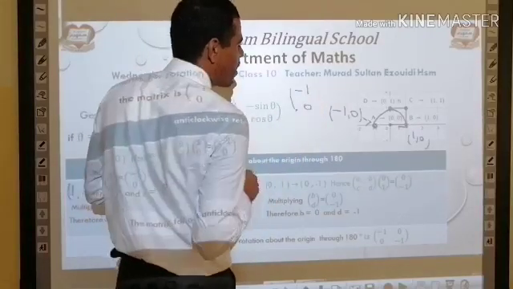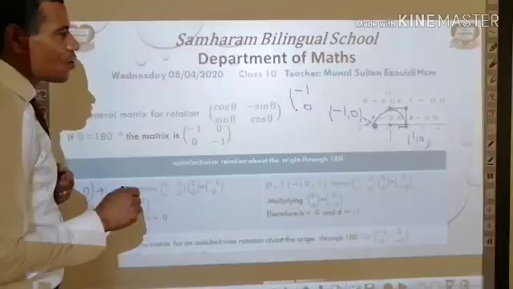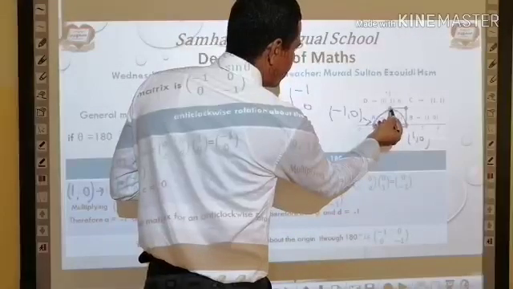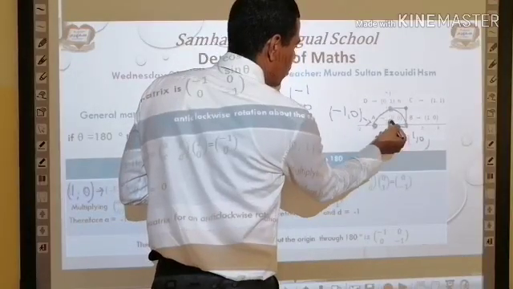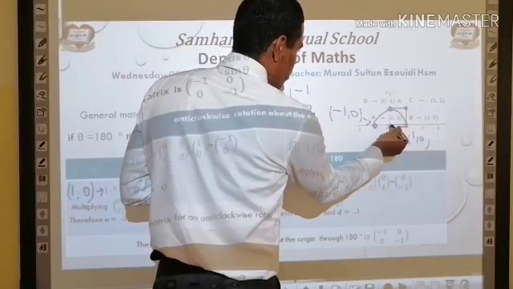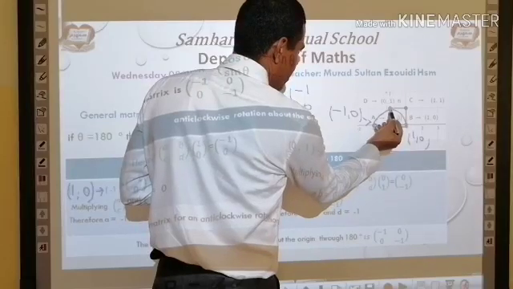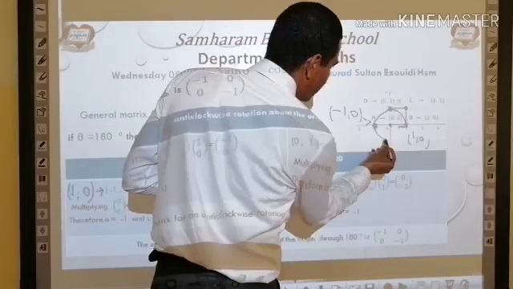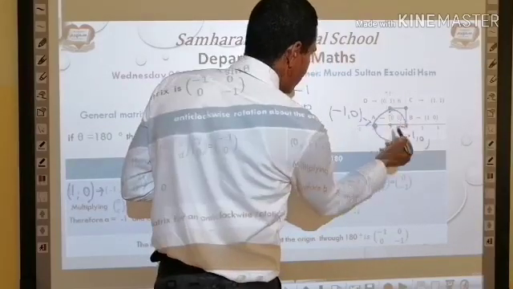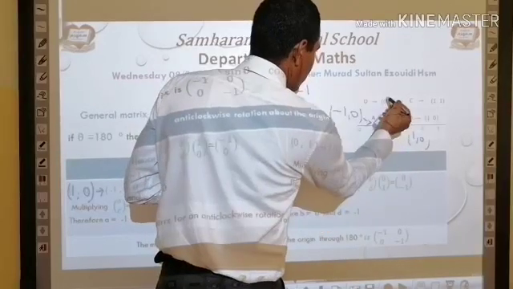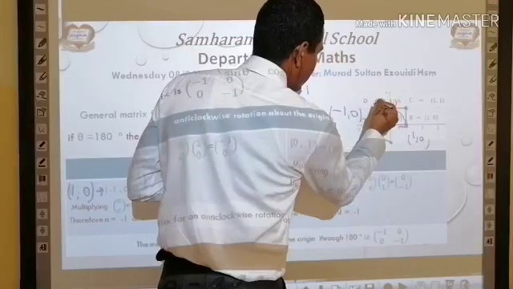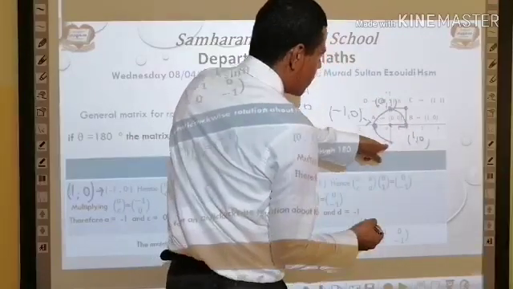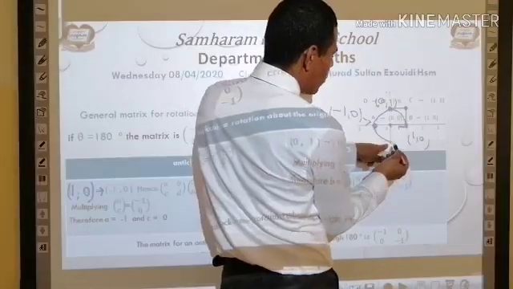Then the point 0, 1, rotated about the origin through 180 degrees. This is 90, this is 180. So 0, 1 will map to what?